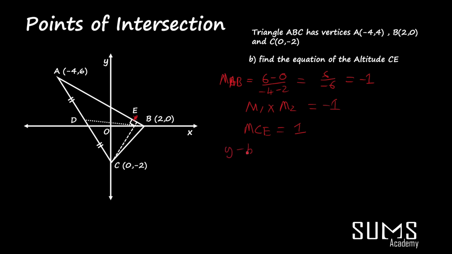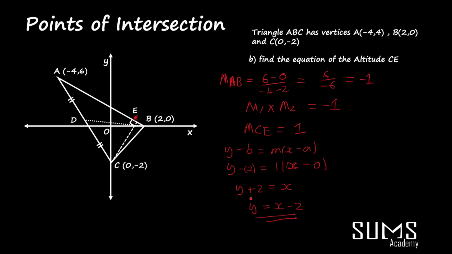So y minus b equals m times (x minus a). We know our point C lies on this line, so we're just going to sub that in. So y minus -2 equals 1 times (x minus 0). So y plus 2 equals x, which is the same as y equals x minus 2.